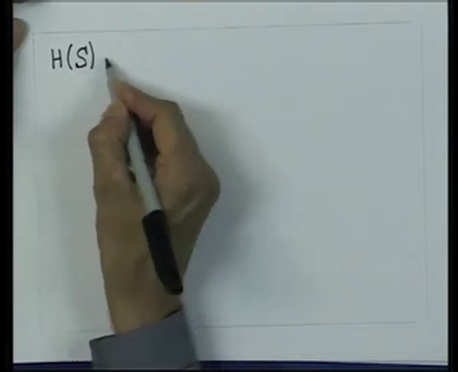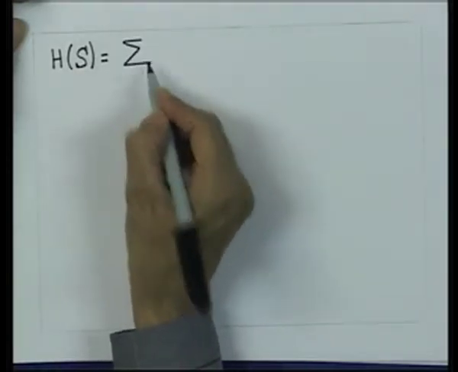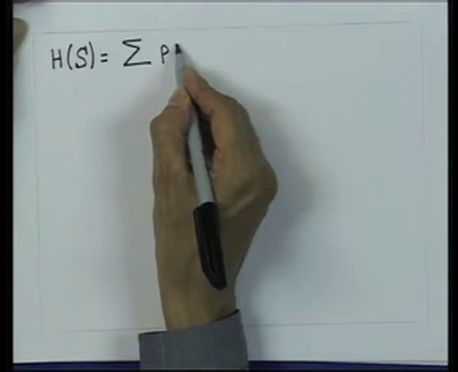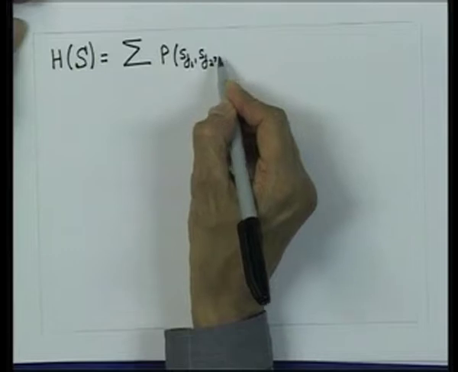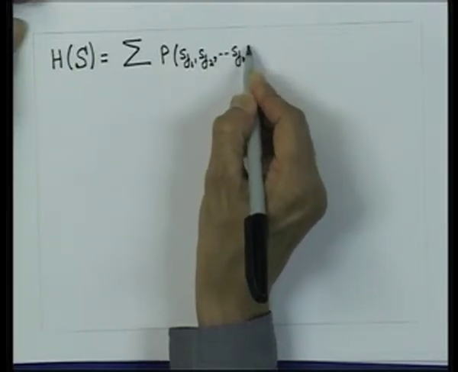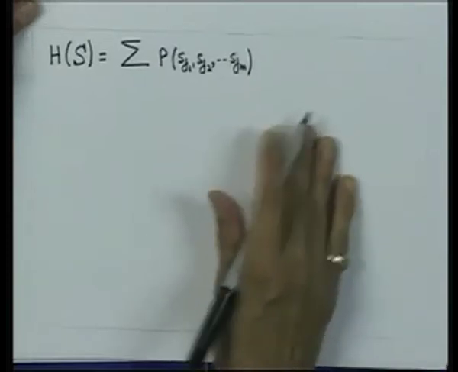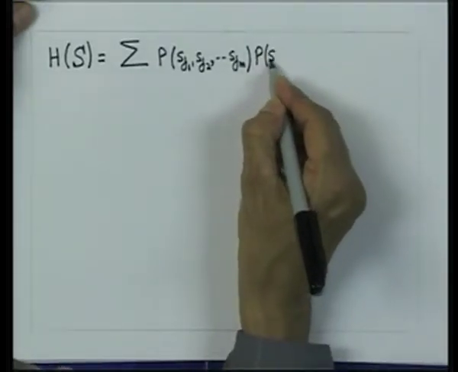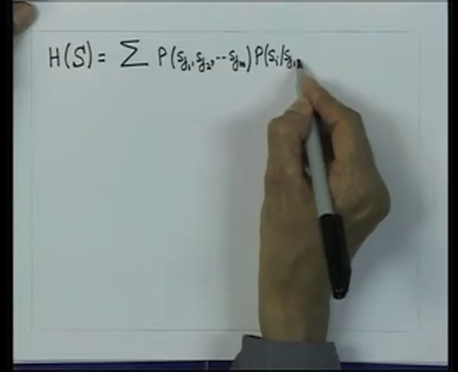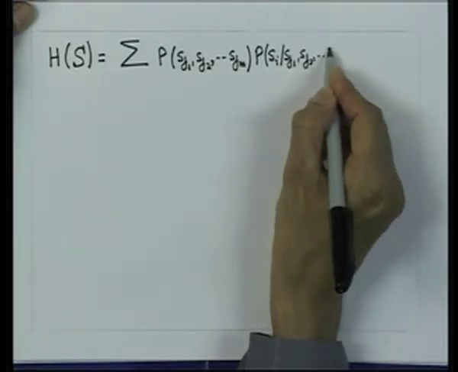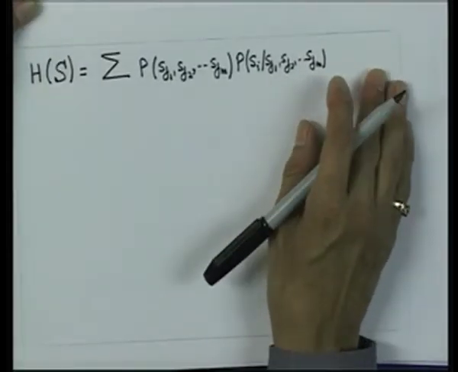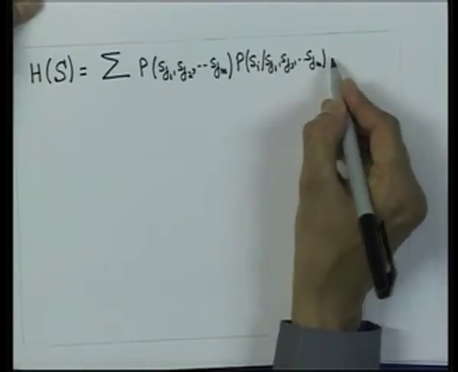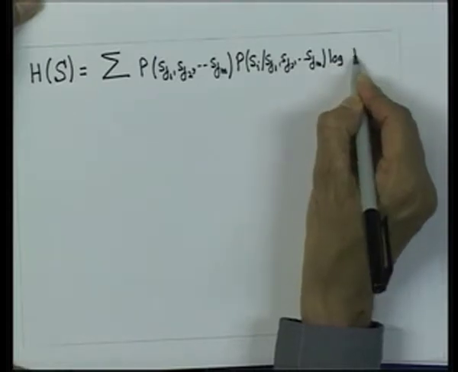H of S is equal to the probability of Sj1, Sj2, ..., Sjm, log of.